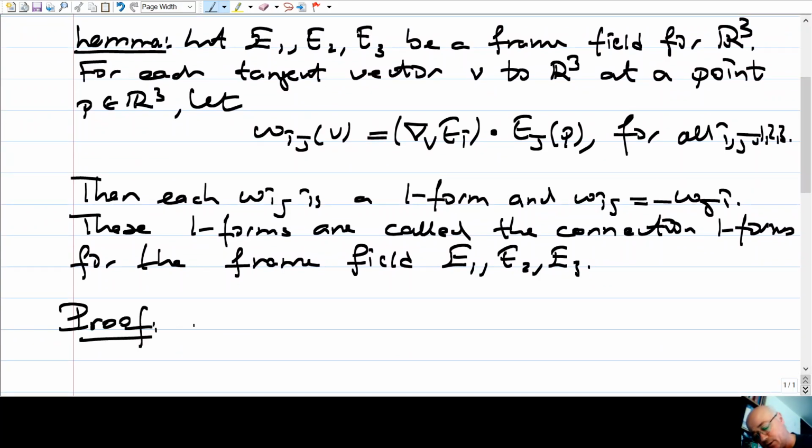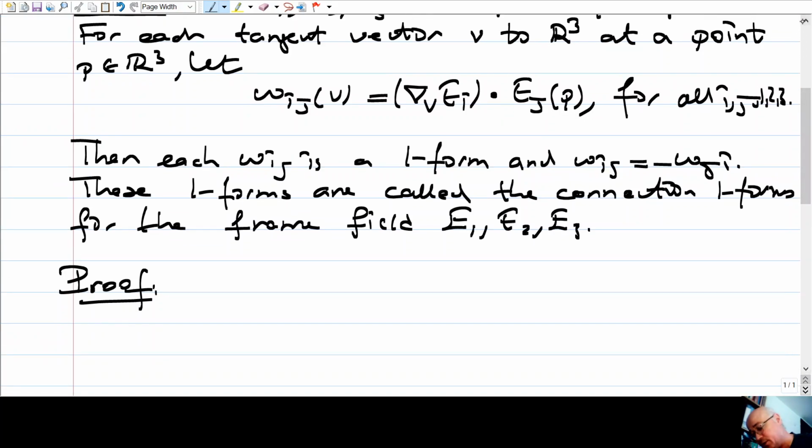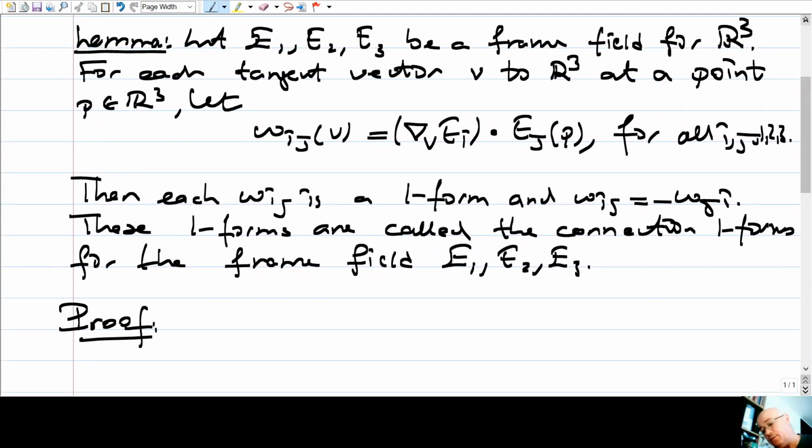Proof is simple. We just apply the definitions and perform standard operations. Okay, so let's see why this is a one form. So it should be linear, right? So at each point, it should be a covector.